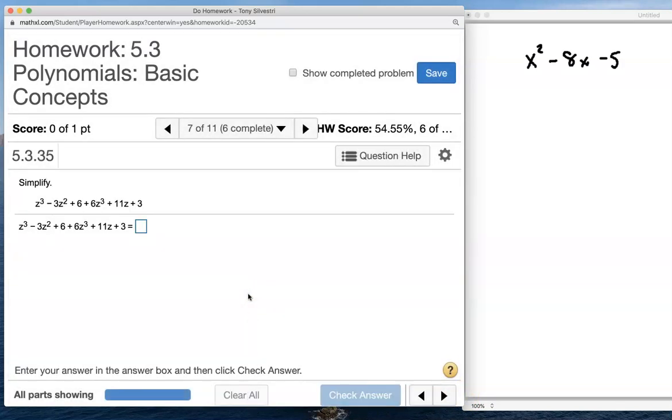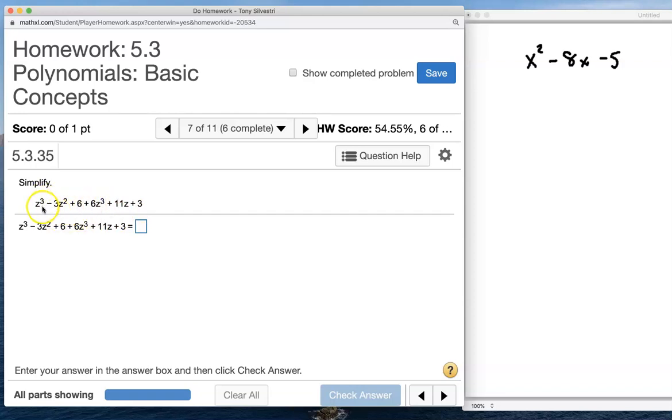Okay. Number 7. Oh, there's 1, 2, 3, 4, 5, 6 terms in this expression. But you don't really need 6 terms to represent that, because there's something called like terms. When you see like terms, you can combine them together into one. What makes a like term is you have to have the same variable and the same powers.